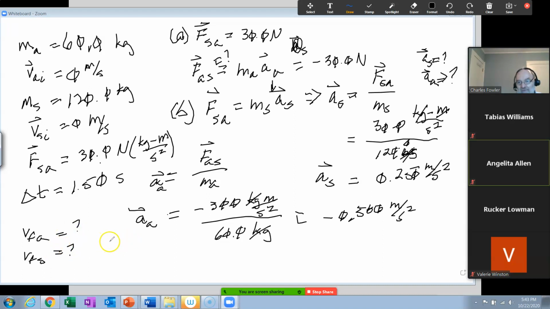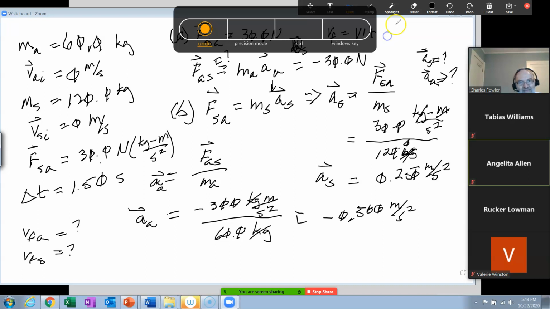Okay, and we do know, if you recall, I just don't have room to write it, so I'm going to start erasing. Let me write it up here. V final is equal to, going back earlier in the section, V initial plus at.